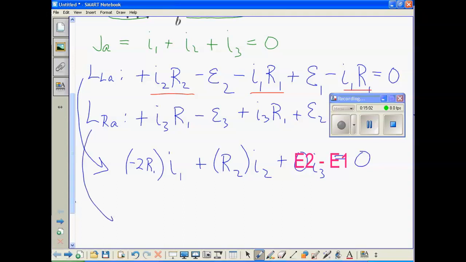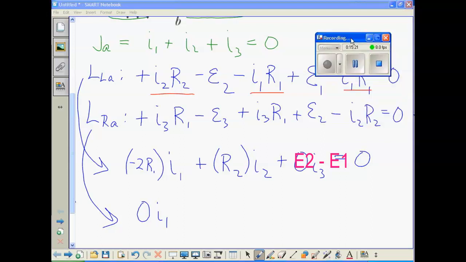Now I'm going to take my right loop equation and reconfigure it, putting the variables in the same order. Now I have no terms there with I1 in it, so I'll put a 0 I1. I have a single term with I2 in it, and it's behind my box here. There it is, a negative I2 R2.